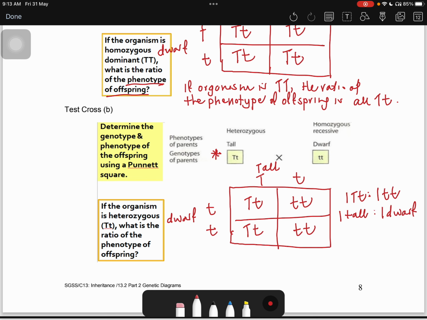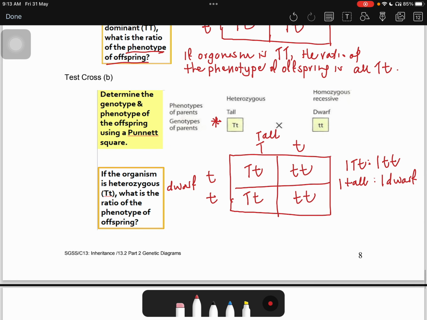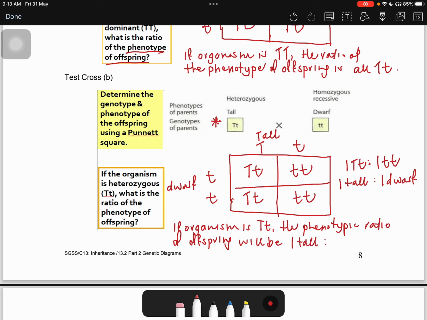Based on the ratio that we have obtained, we can determine the unknown genotype of the organism. So always end off with a word statement to conclude your answer. If the organism is heterozygous, the phenotypic ratio of offspring will be 1 tall to 1 dwarf.